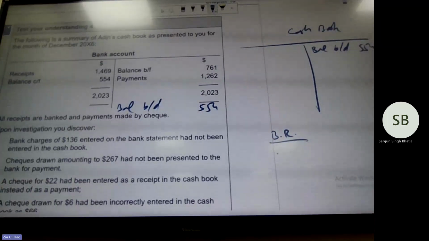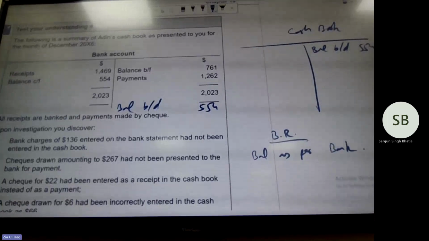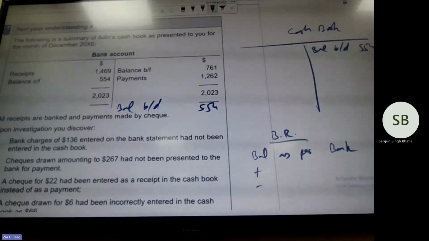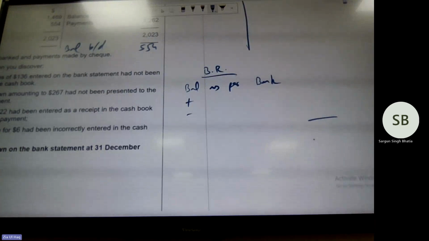In bank reconciliation, we know we need to record the balance as per bank statement, and then we need to add or less, and then we will arrive at a balance.